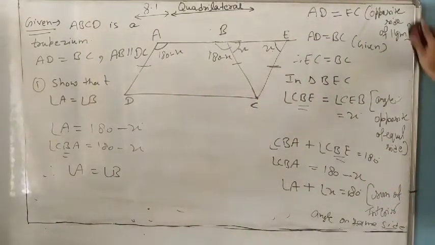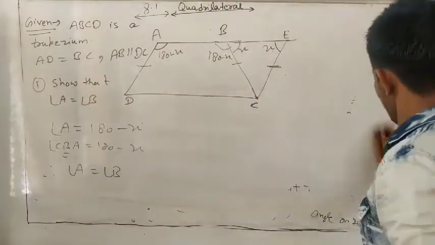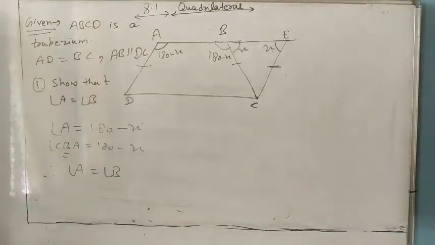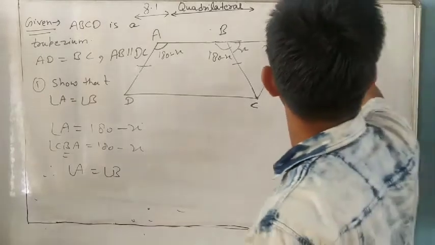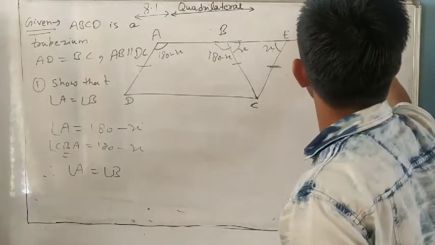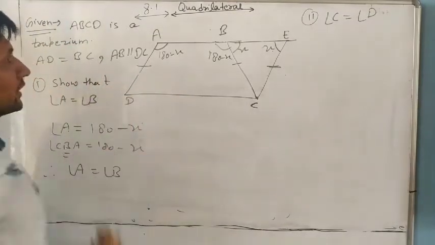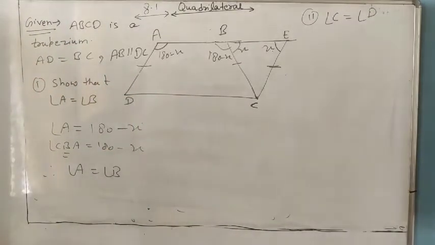Okay, now part 2. Angle C equals angle D. So we want to prove that this angle and this angle are equal. How can you say that? Can you say that they are equal? Yes.